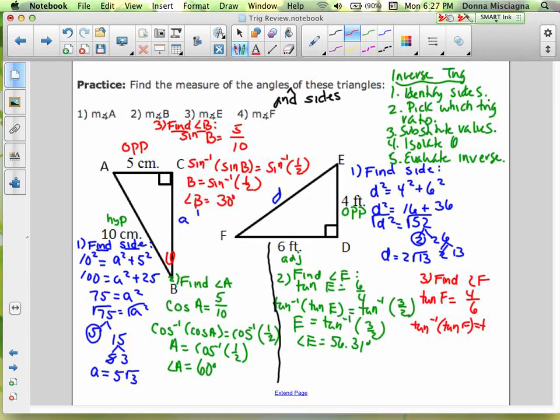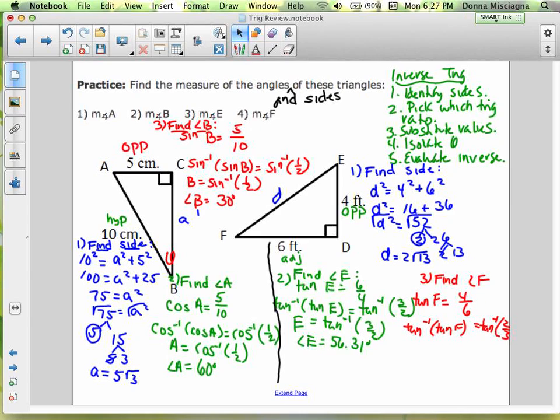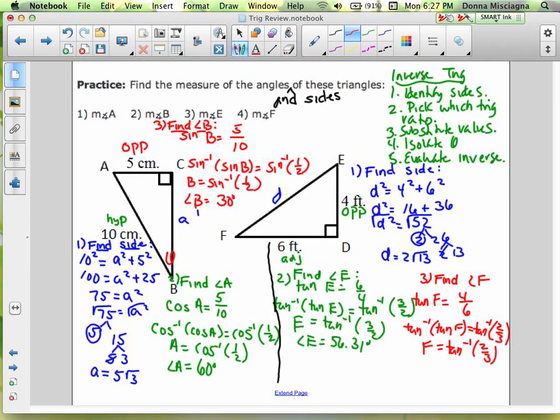Equals arctan, and I'll reduce that to 2/3. Okay, I think I'll have enough space. Arctan and tangent cancel. That's F equals arctan of 2/3. And let's plug that into a calculator and find out exactly how big angle F is.